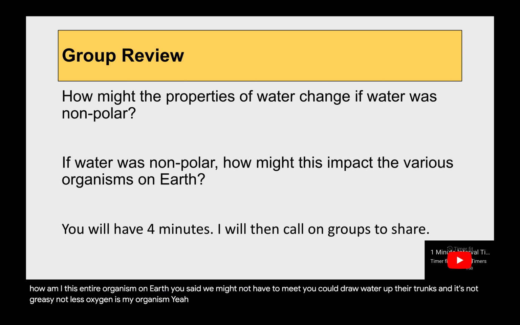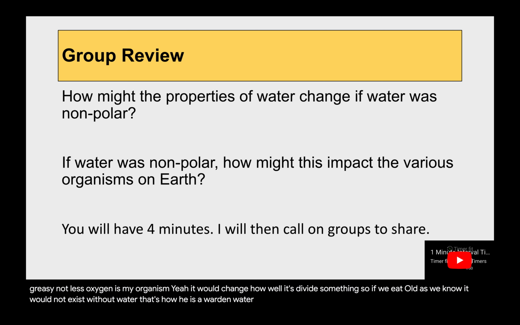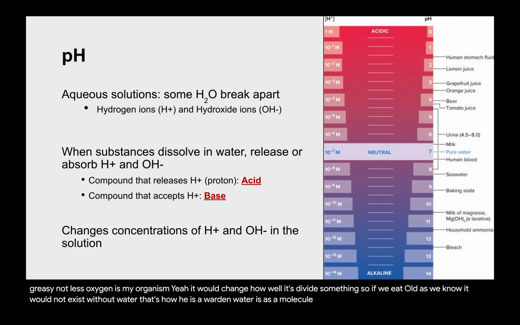Yeah, it would change how well it dissolves something. So if we eat, we're not going to have that saliva or water in our saliva to help lubricate what we're eating. There are so many implications. Pretty much the world as we know it would not exist without water. That's how hugely important water is as a molecule.